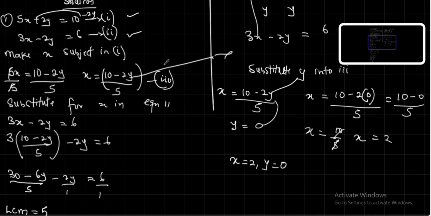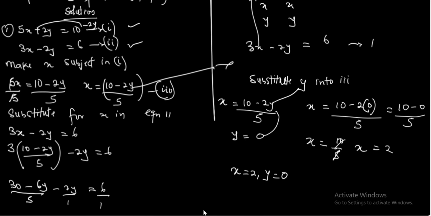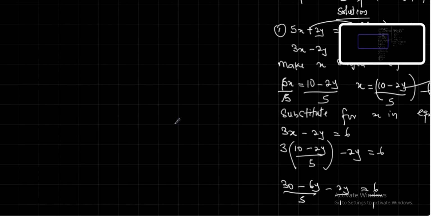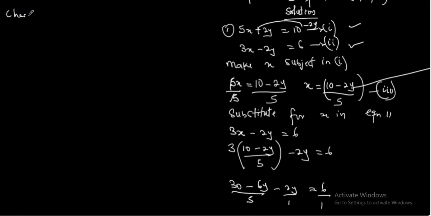Now, if you want to confirm whether you are right, you substitute the values of x and y into any of the two equations. We must get exactly the same thing on the right-hand side, right? So we have 5. Let's check now. Check. 5x plus 2y equal 10.